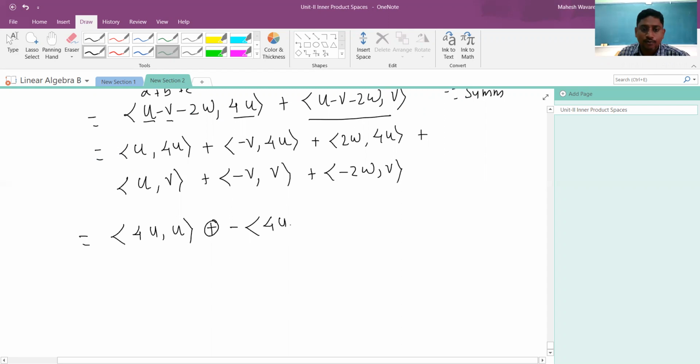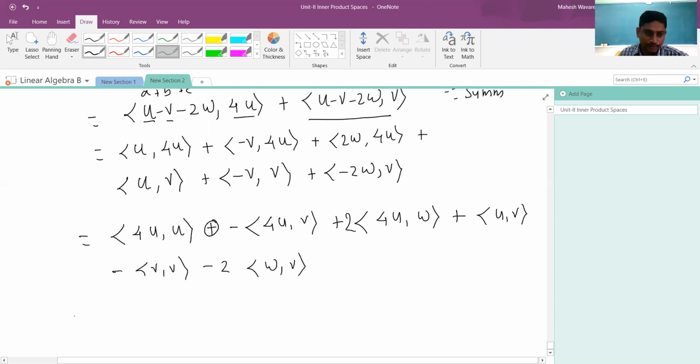It is 4 times u comma v, plus 2 can be taken out, and once again symmetry we can apply. Two steps are merged here. U comma v minus v comma v minus 2 times w comma v.